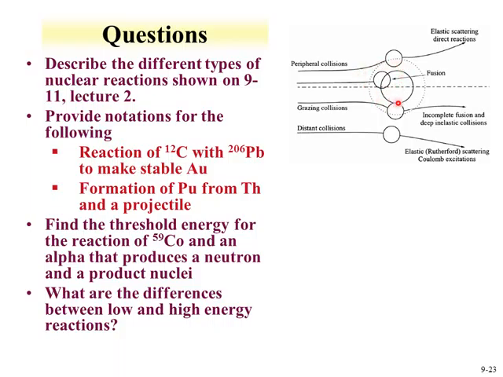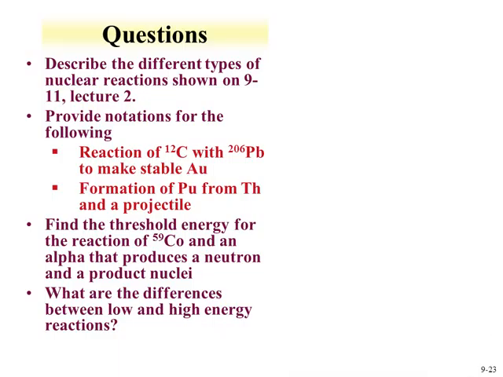A fusion, where you get complete transfer of nucleons, so all the nucleons involved in the target and in the projectile result in a compound nucleus. And then some sort of scattering, where the Coulomb repulsion between the charged particle and the nucleus results in the particle not interacting, but being scattered off its direct path.